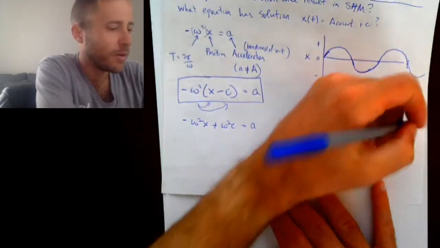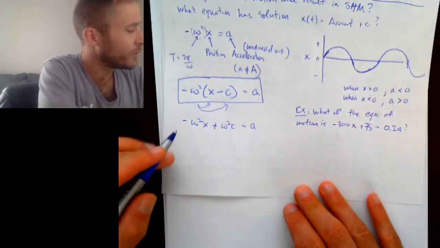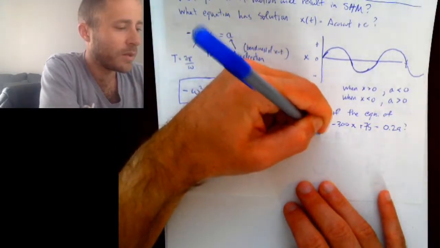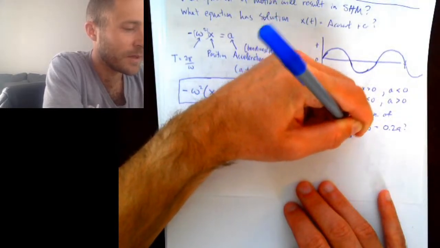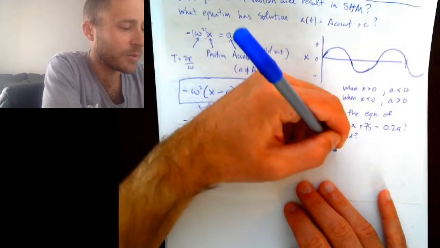All right? What we want to figure out is what is the period, and we also want to figure out what is the equilibrium position.